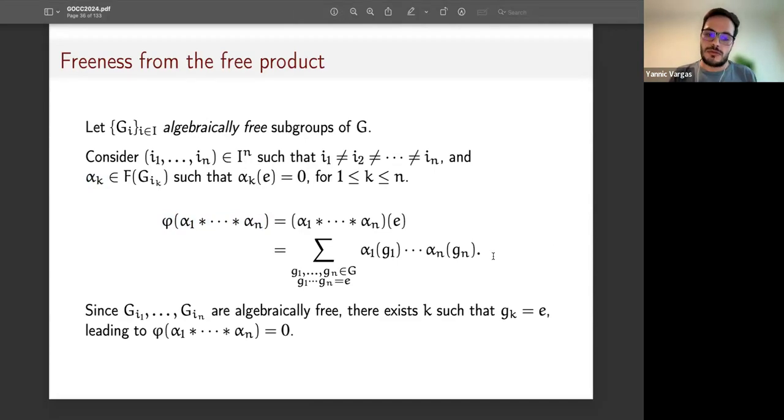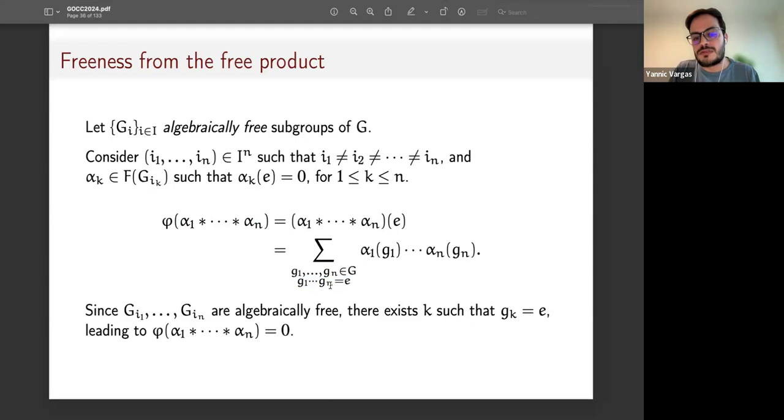But the subgroups that I take are algebraically free, so there is no relation between them, and having this relation just means that there must exist at least one factor in here which is the identity, in order for this product to be the neutral element.